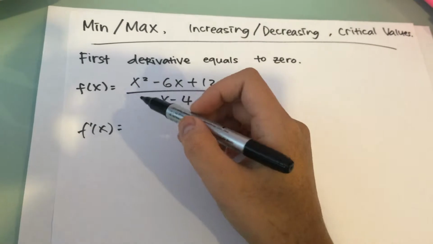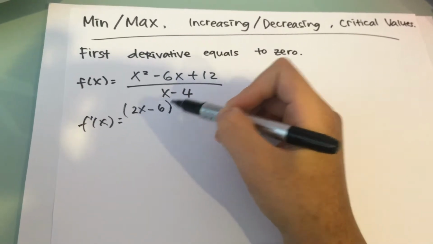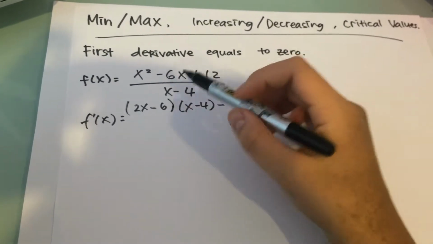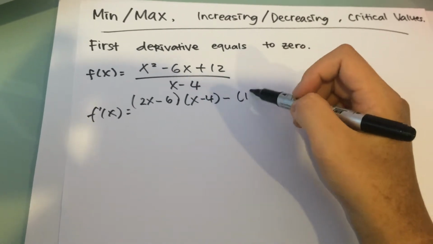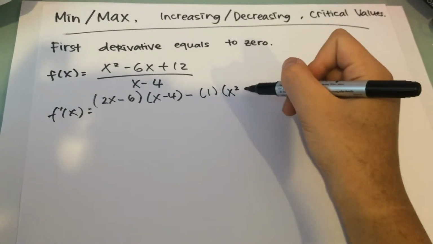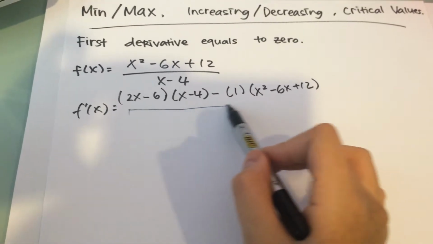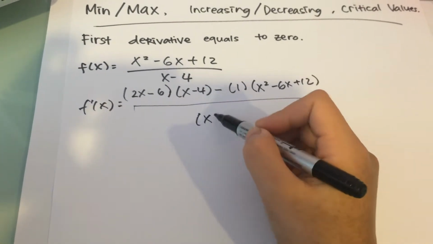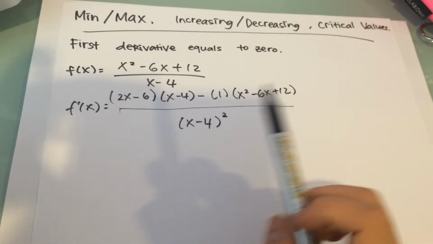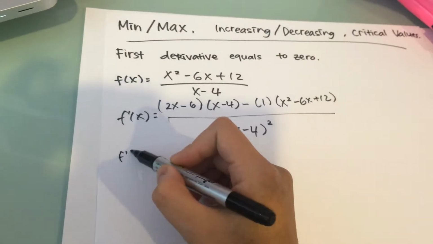The derivative of the first function, so 2x minus 6, times the second function, minus the derivative of the second function, which is 1, times the first function, which is x squared minus 6x plus 12, all over the bottom function squared. So this is the first derivative, and we have to simplify it.